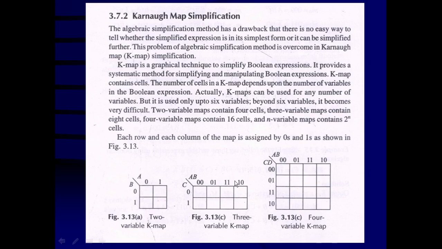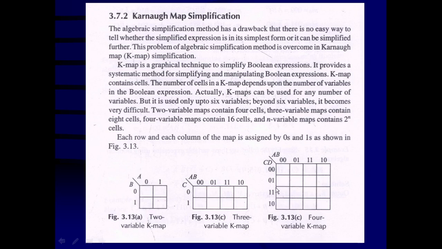That way the 4 different combinations of A B are written over here. For the variable C, the third variable, which can have two values 0 and 1, 0 is followed by 1, and that way this 3 variable Carnot map can be represented like this.